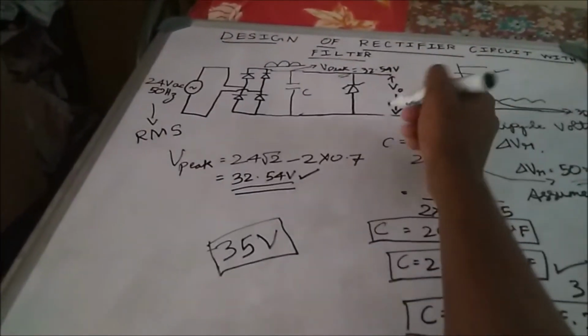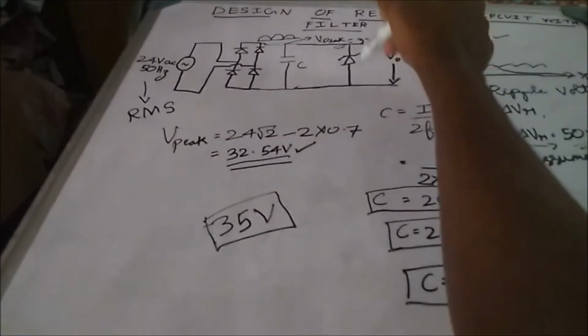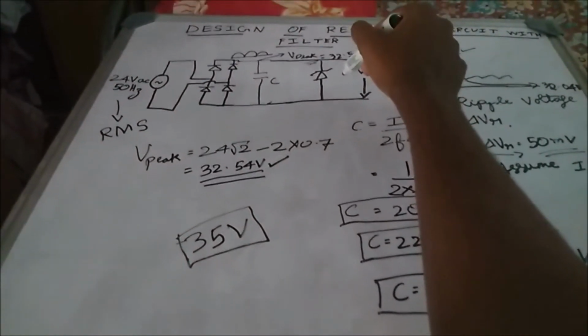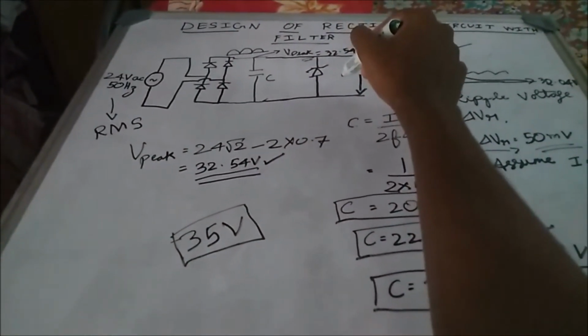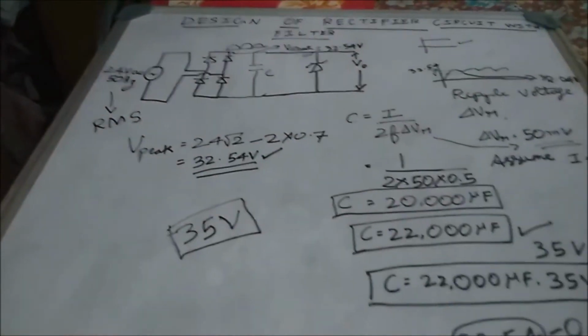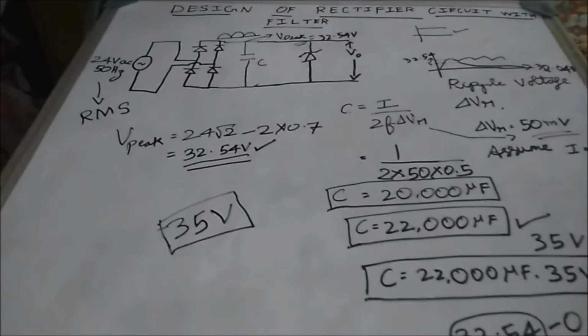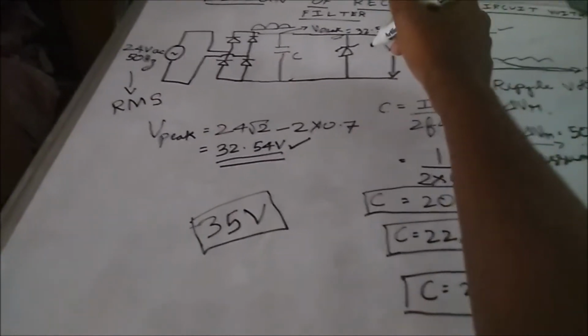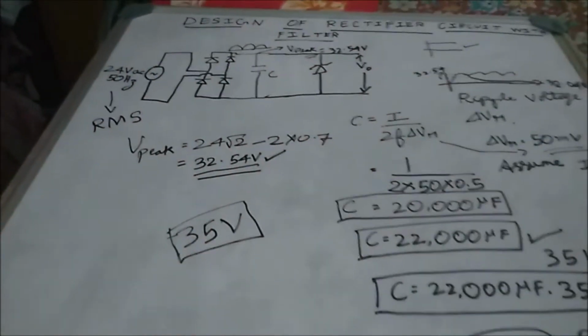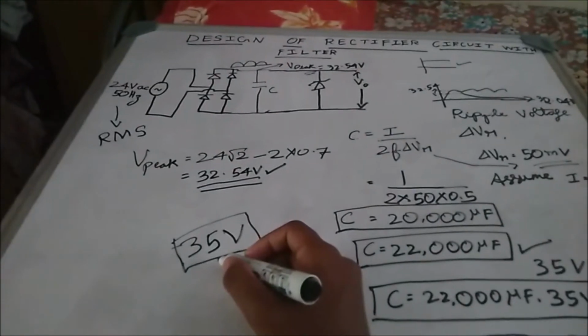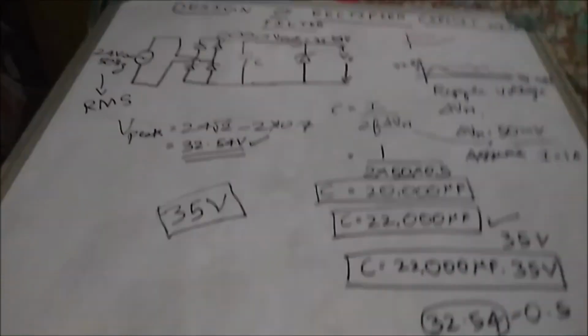If we connect in forward bias direction, the diode will short. Hence we will connect in reverse biased configuration, in such a way that the cathode is facing upward. So this is the 35 volt Zener diode we need to consider.